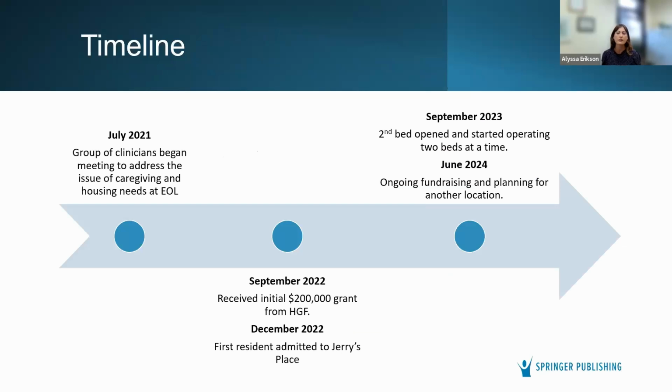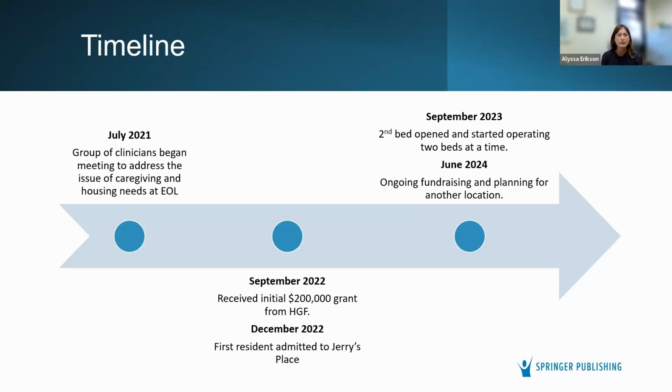The timeline for our development was actually rather quick. Some social model hospice homes can be years in the making, but we started about 3 years ago in the summer of 2021, really discussing the issues and potential ways that we could address the problem, knowing we needed a dedicated space, but not quite sure how to afford it or develop one.